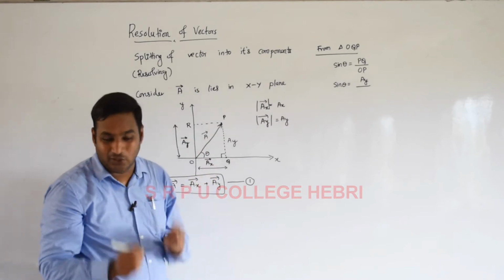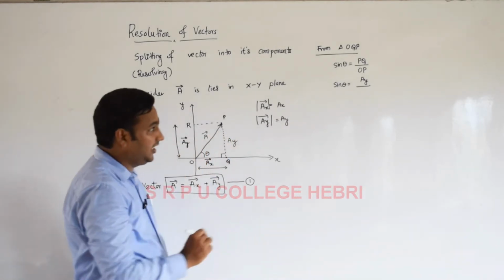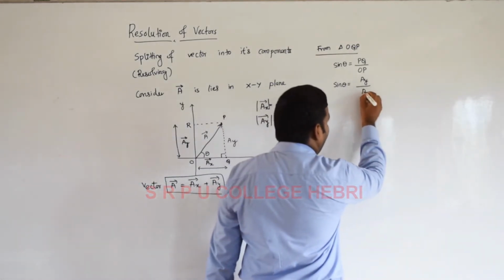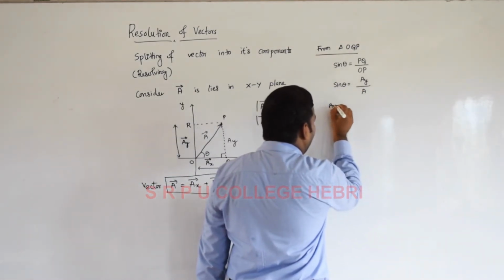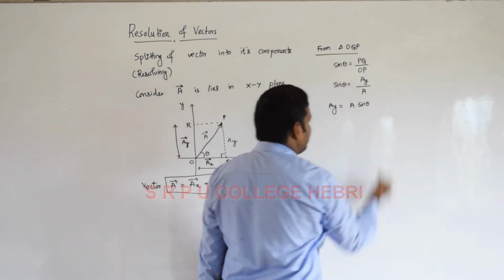We already took OP as the A vector lying in the XY plane. Here OP is equal to A vector. We get AY is equal to A sine theta, the expression I got.